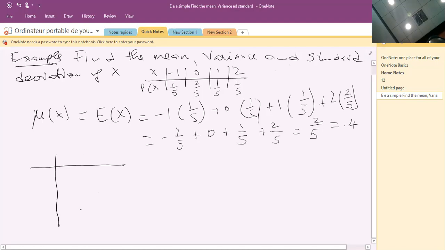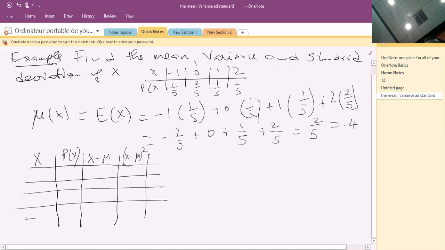Let's rewrite it like this. This is x, this is P of x, this is x minus mu, and this is x minus mu squared. The values are negative 1, 0, 1, 2, with probabilities 1 over 5, 2 over 5, 1 over 5, and 1 over 5.